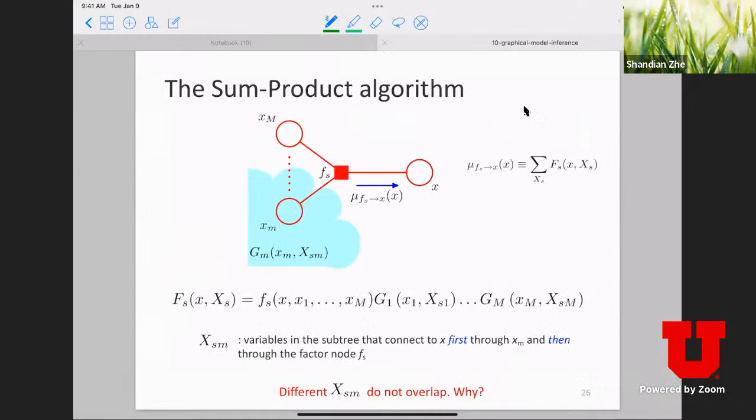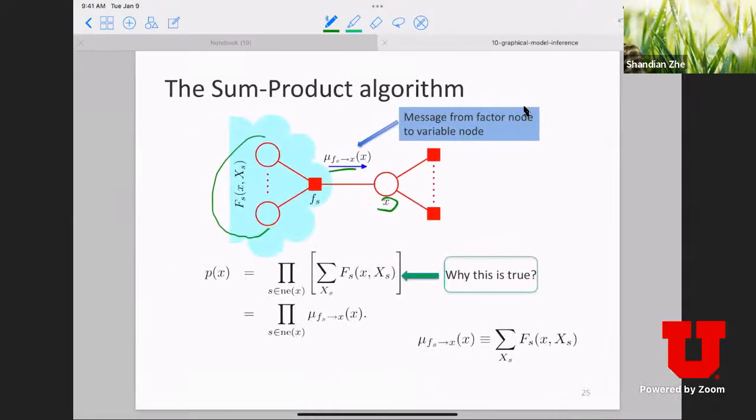So now we know that the marginal distribution of any variable node is simply to multiply all the incoming messages from its neighboring factors. So now our question is, how do we efficiently compute the message from each factor node to the variable node?